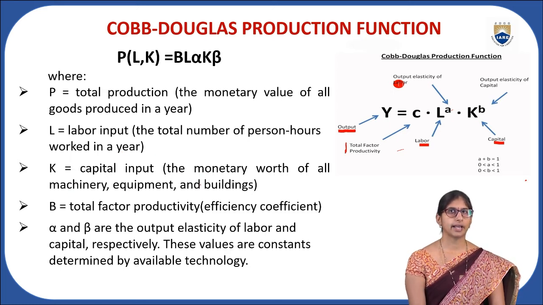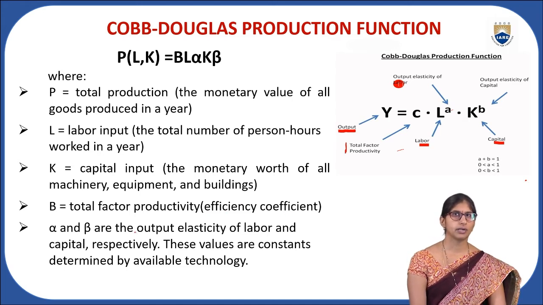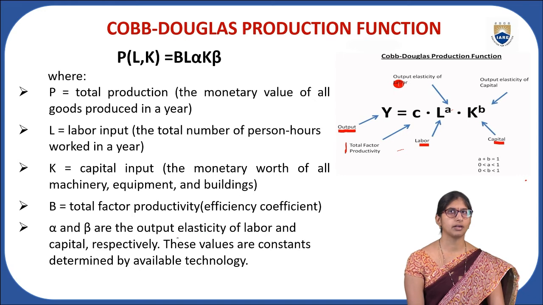That is the equipment, buildings, and machinery, the monetary worth of all these we consider to be capital. The next one is productivity, also called the efficiency coefficient. And the next one is the output elasticity of labor, that is alpha. These are constant values, that is B is a constant value which we can see. This is how the production function is given by Cobb Douglas.